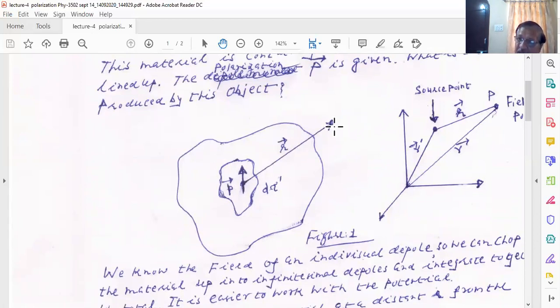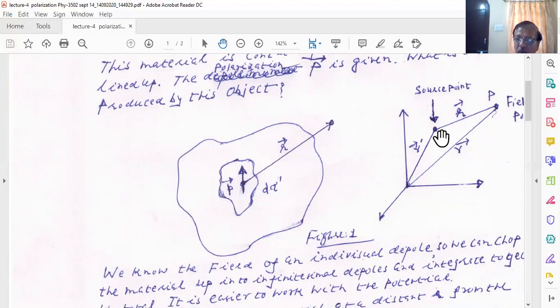Then I calculated the potential because of all dipoles of this volume element, and then took the volume integration over the entire volume of this specimen to get the total potential at point P. Because potential is a scalar quantity, we can add the potentials and find the total potential because of the polarized object.